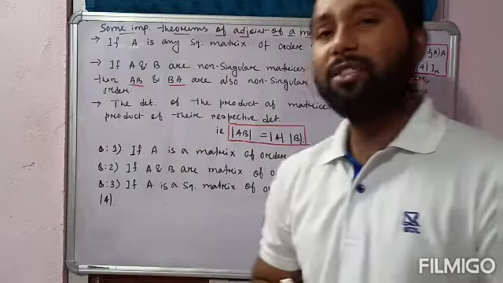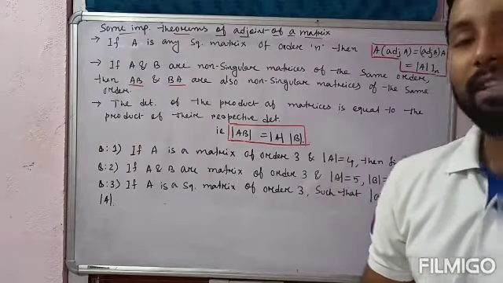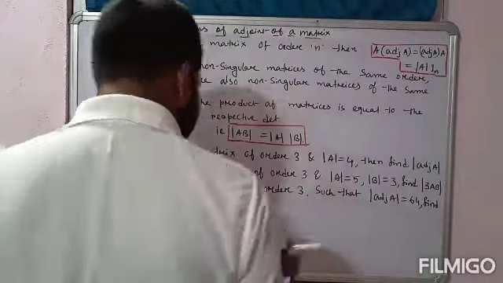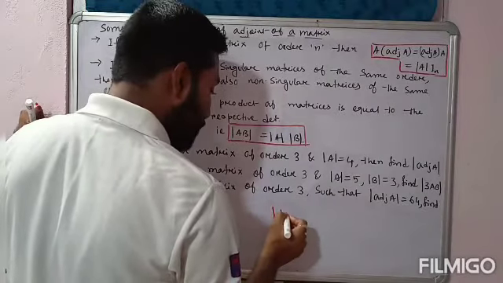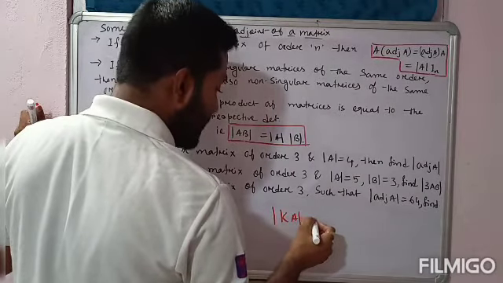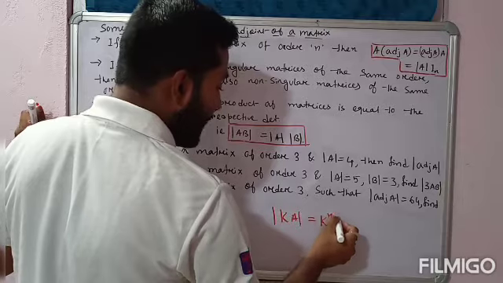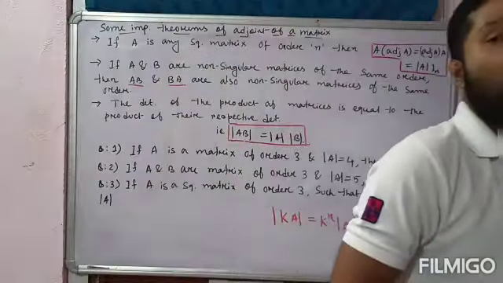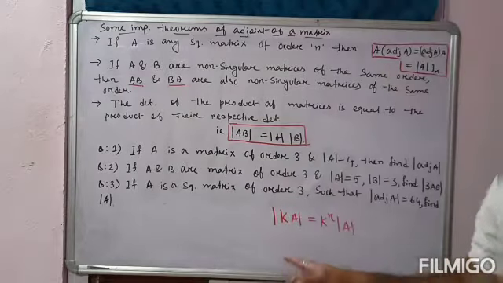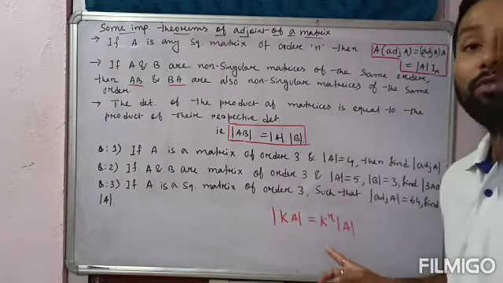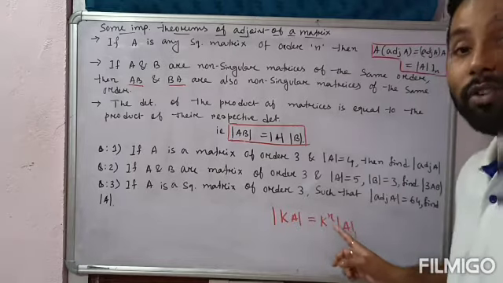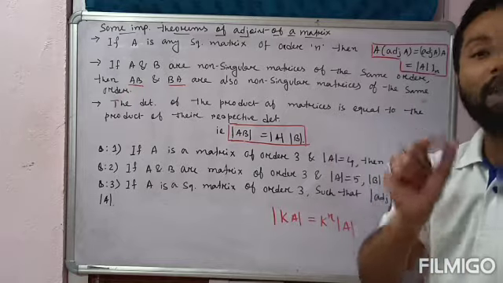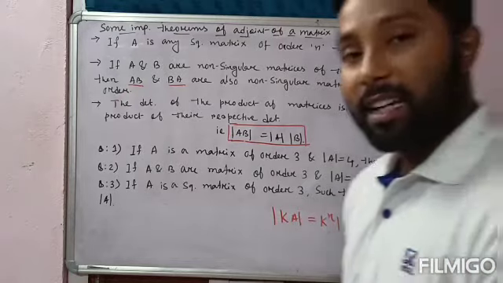If A is a square matrix of order n, then determinant of KA is equal to K to the power n into determinant A. What is this K here? K is a scalar quantity.